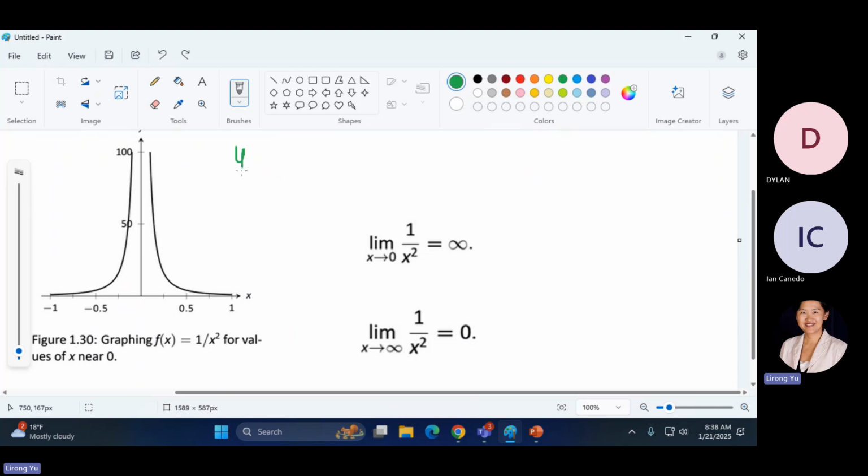So y equals 1 over x squared will be our function, or the correspondence between the x value and the y value. As you can see, if x equals 0, it will be undefined, so there's no y value corresponding to x equals 0. So we will have to artificially define, by the definition of the function, that x is not going to be in the domain.